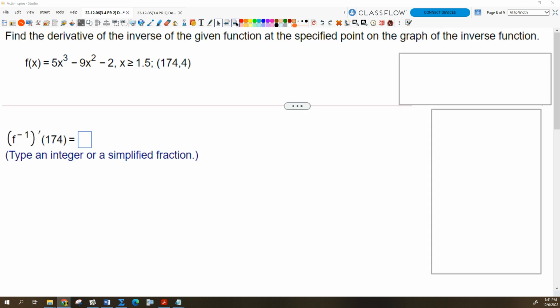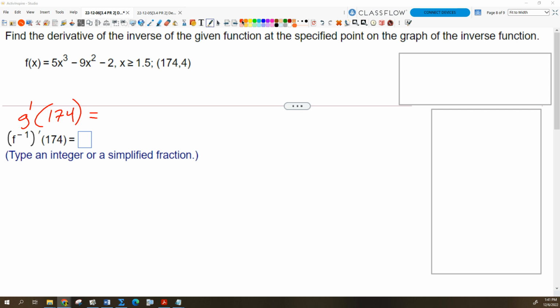Okay, you're going to see some like this on the assignment. This is actually easier. They give you an ordered pair, which is nice. So it takes some of the work out of this, right? So if we want to find F inverse prime, let's call that G first of all. G prime of 174 equals what?